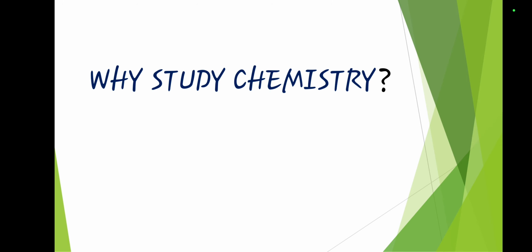We use them in cooking, we use them as food, we use them in our everyday living. So we need to study chemistry to know the properties, the structure, and the composition of everything that we use. That is the reason why we need to study chemistry.